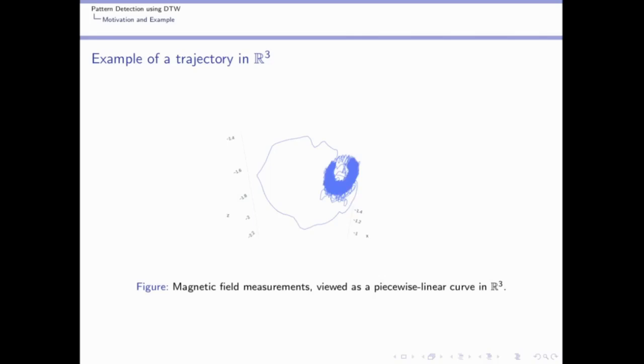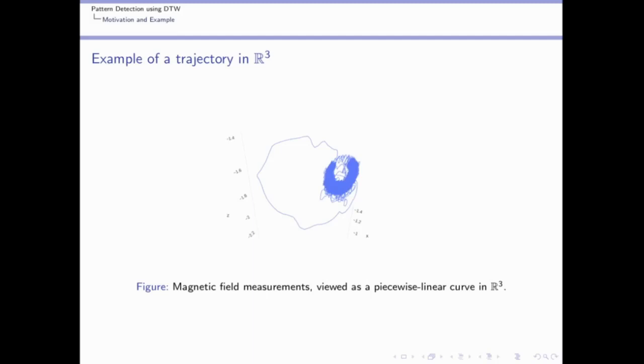They do small circles around the hole in the middle. And you can also see an outlier trajectory, which might be due to the car passing a big metallic object or underneath high tension lines.